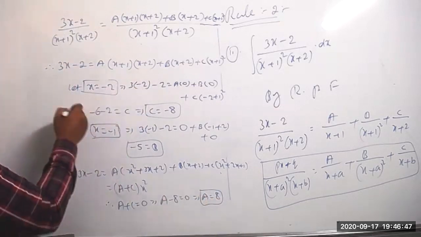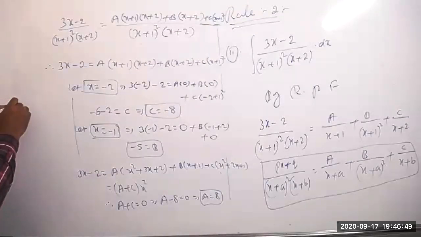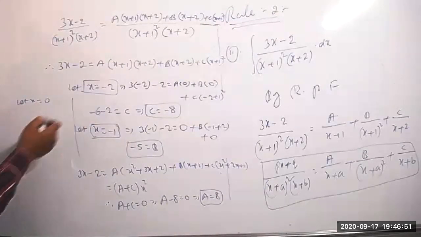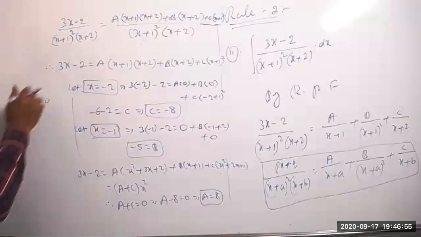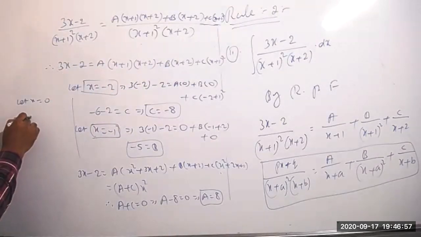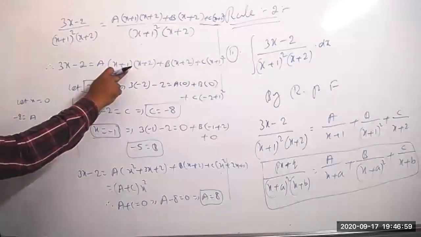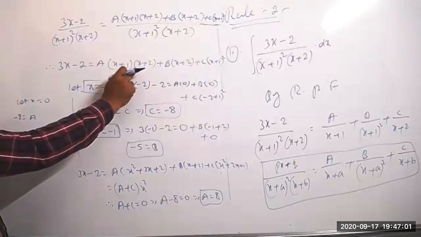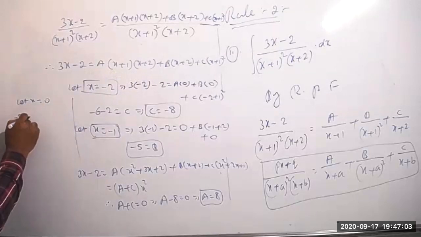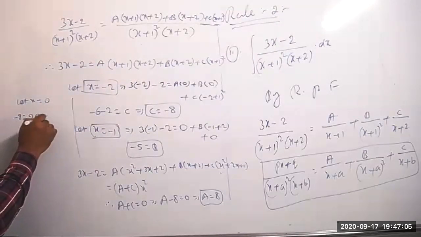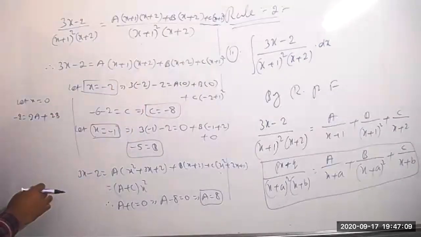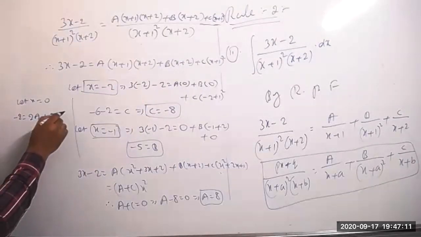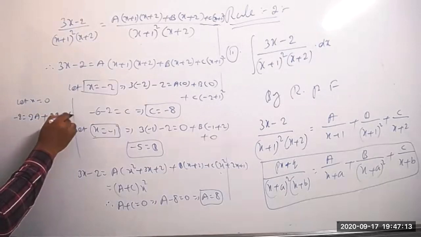Or else, let x equal to 0 also you can take. Let x equal to 0. So everything is substituted now. This is minus 2 equal to a into 0 plus 1, 0 plus 2 equals 2 only. So 1 into 2 equals 2. This is clearly 2a plus 2b plus 1 square, means 1 only, plus c. 2b plus c now.